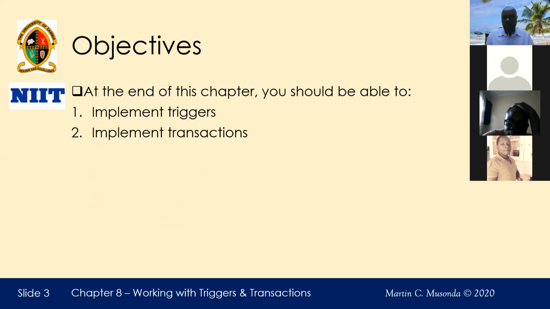So you should be able to explain what transactions are. You should be able to create them. You should be able to vet the transactions. You should be able to look at the different types of transactions that can be implemented in SQL Server.